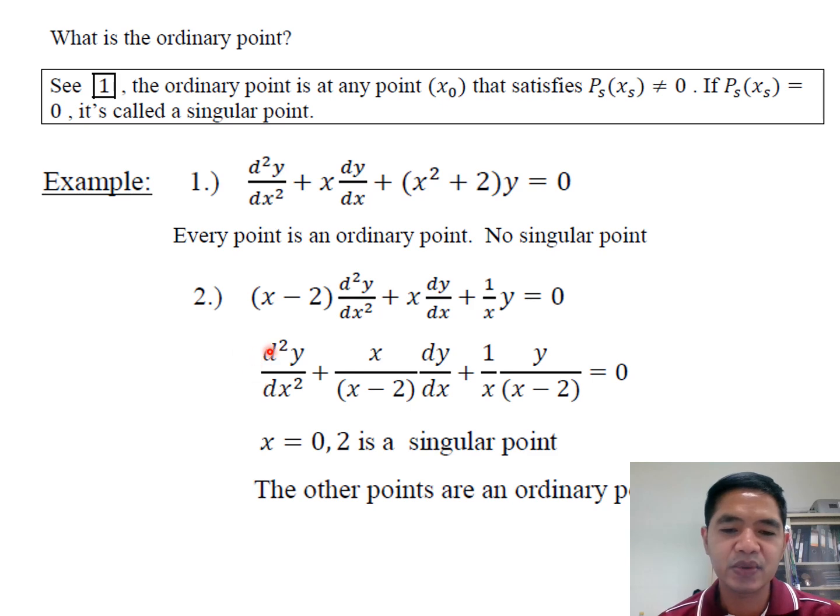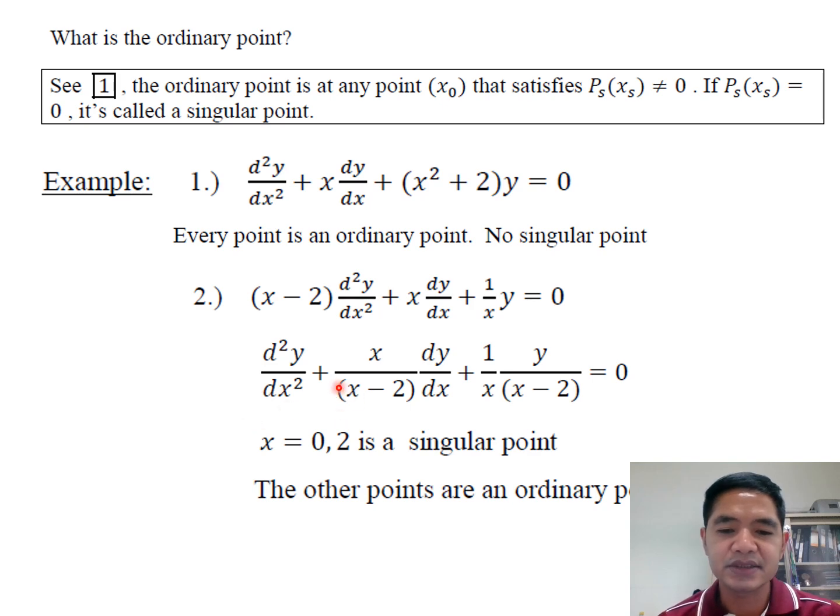We get d squared y over dx squared plus x over (x minus 2) times dy over dx plus 1 over x times y over (x minus 2) equal to 0. This is the form of equation number 1.